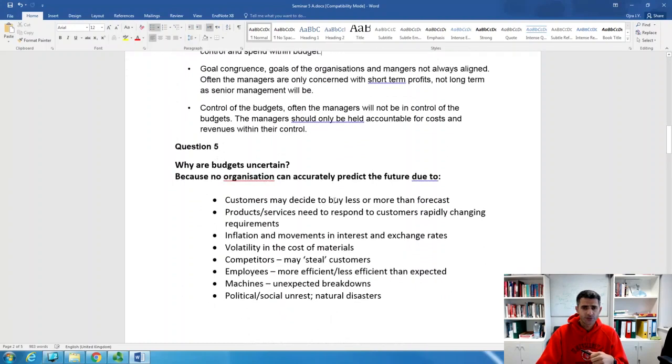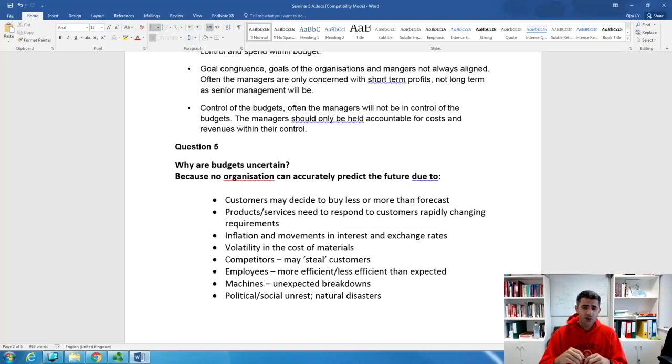Question number 5. Okay, question number 5: why are budgets uncertain? Of course not every single organization can predict the future. No way. This is why we have a budget here for next year.